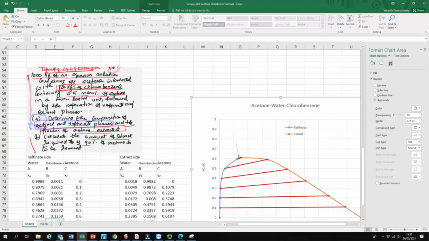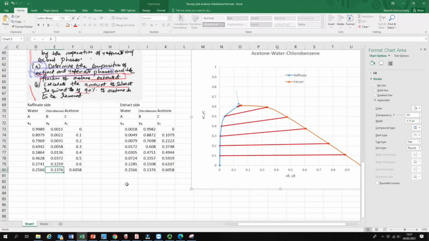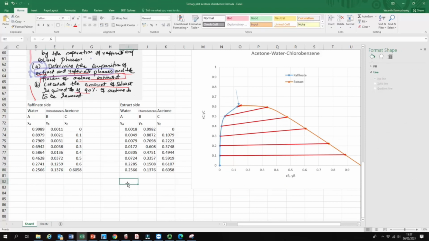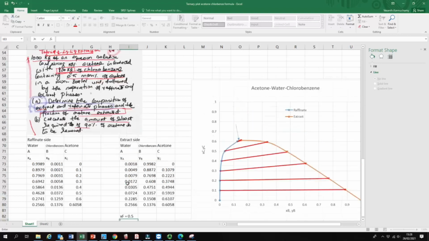So all we have is 50% acetone, which means XF is equal to 0.5, and the solvent in our feed is 0, which means the corresponding mass fraction of our solvent should be 0.